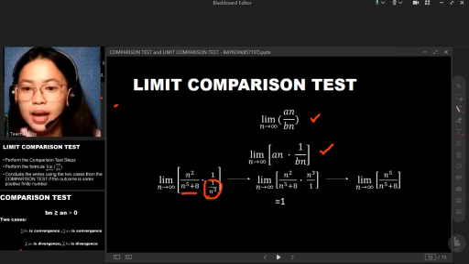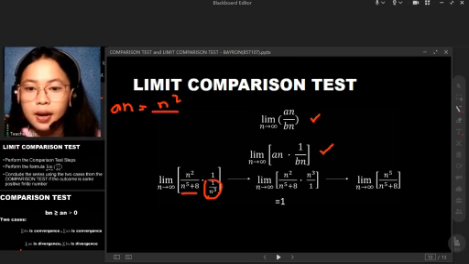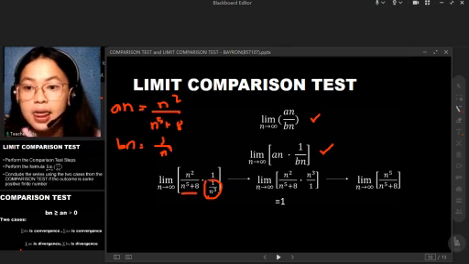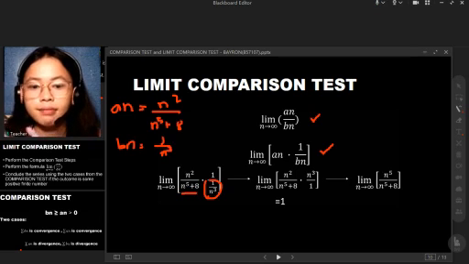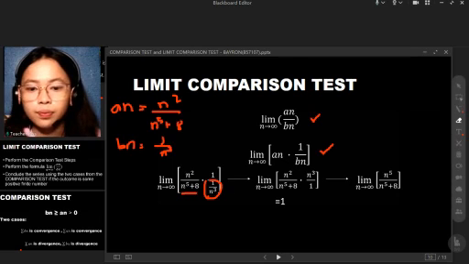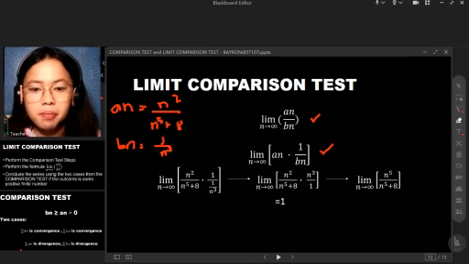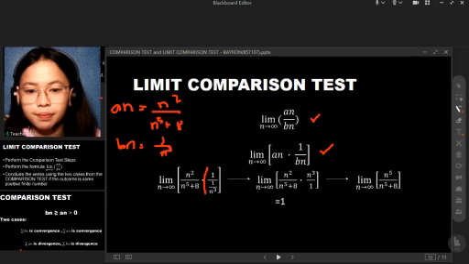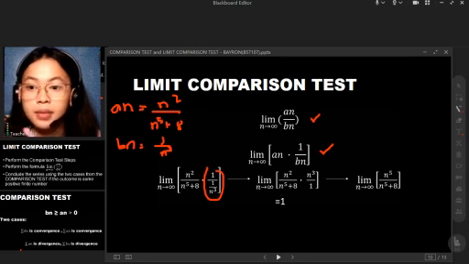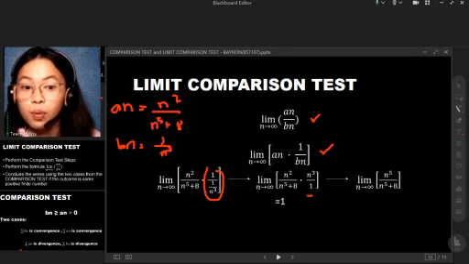Take note that our small sequence is n squared over n raised to the power of 5 plus 8, and our big sequence is 1 over n raised to the power of 3. We're just going to perform this, and it comes out as n raised to the power of 3 over 1.